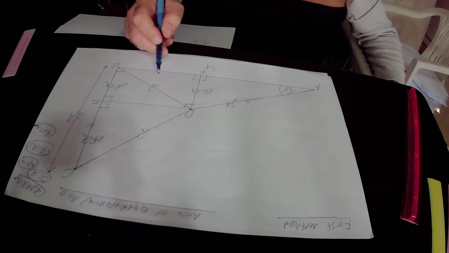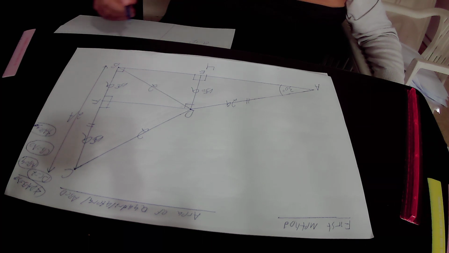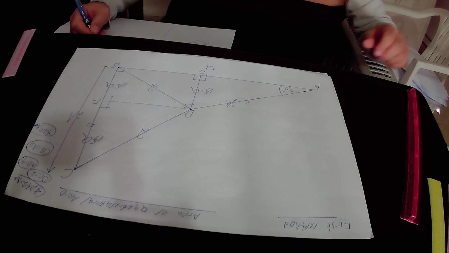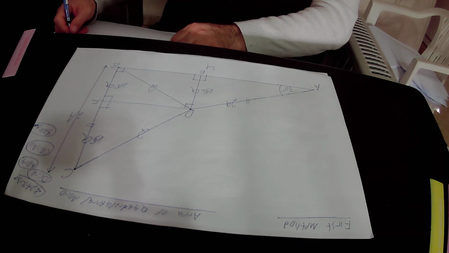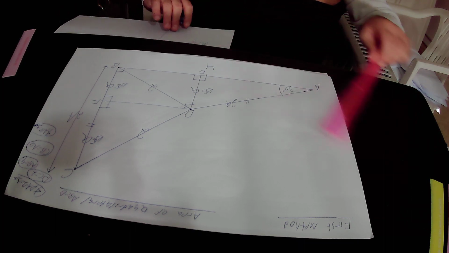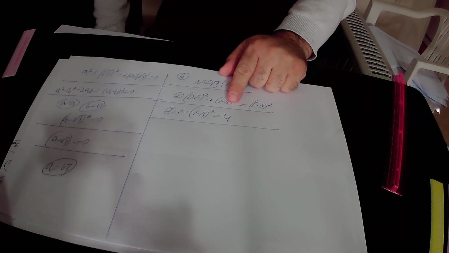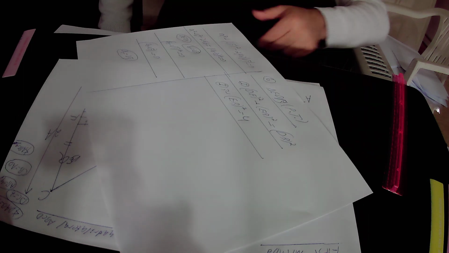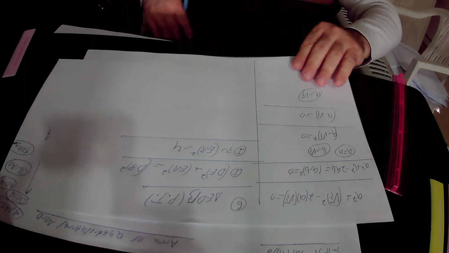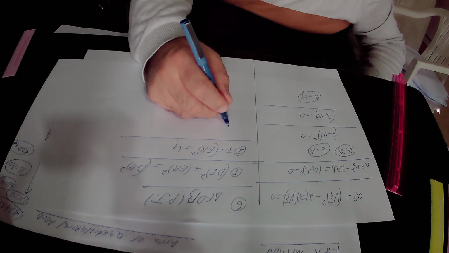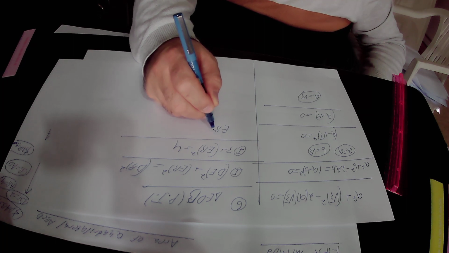DB equals 2, so DB square is 2 squared, which is 4. So we got that 3 plus EB square equals 4. Here we subtract 3 from the equation, and we get EB square equals 4 minus 3, that is 1. EB square equals 1.